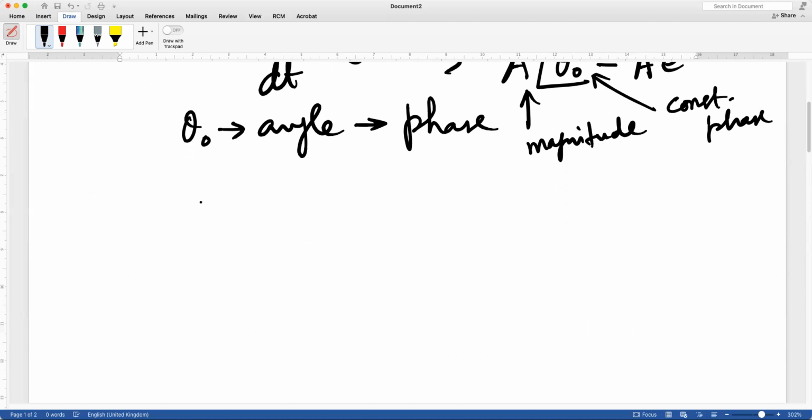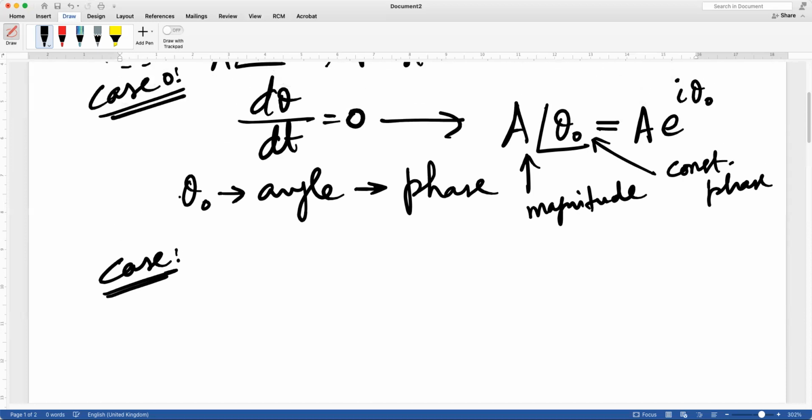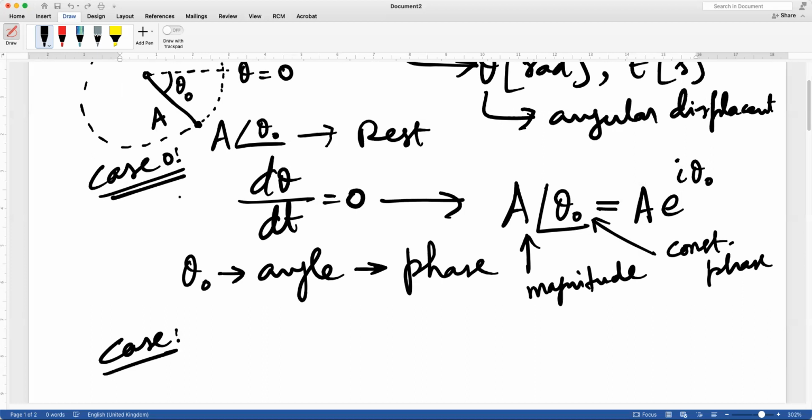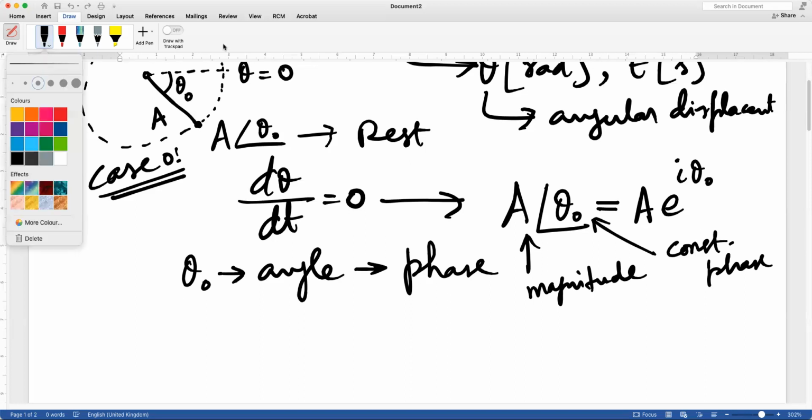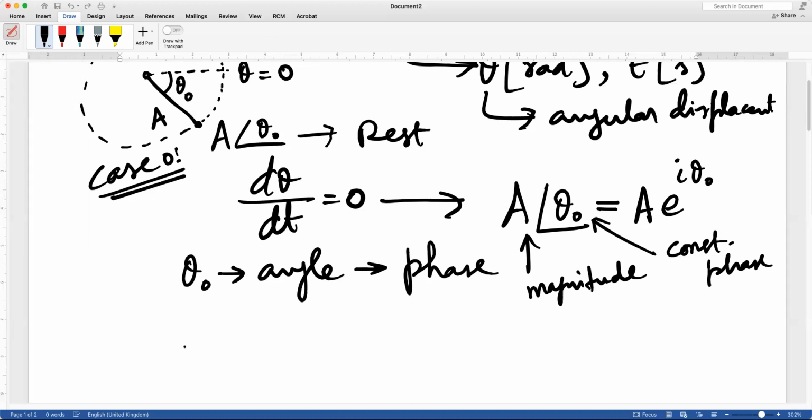So when we go to case 1, I leave it to you to think about and understand. Before case 1, I would even write the meaning out, because they normally don't help the student understand this.